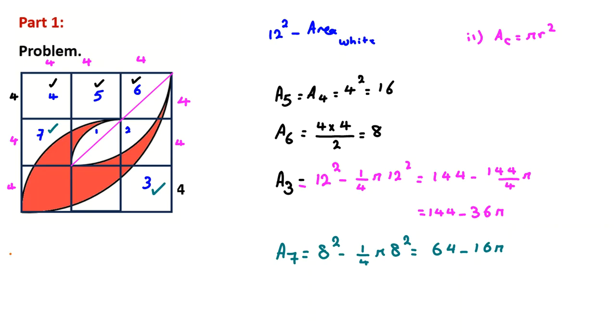Now let's try 2. For the area of 2, let's consider this quarter circle and subtract the area of this triangle. Then we have 2.